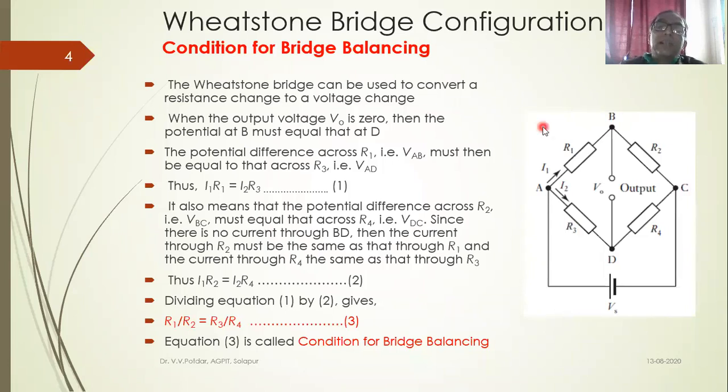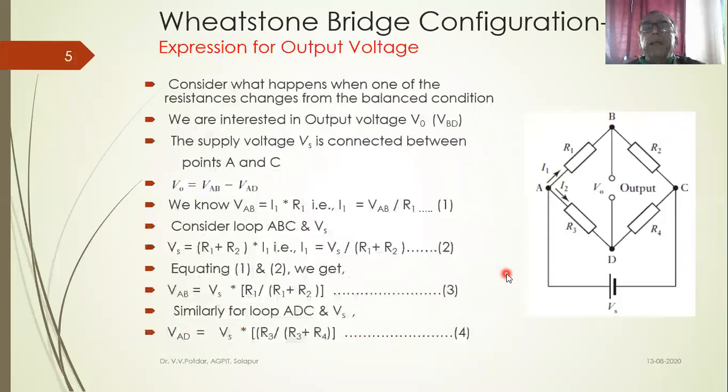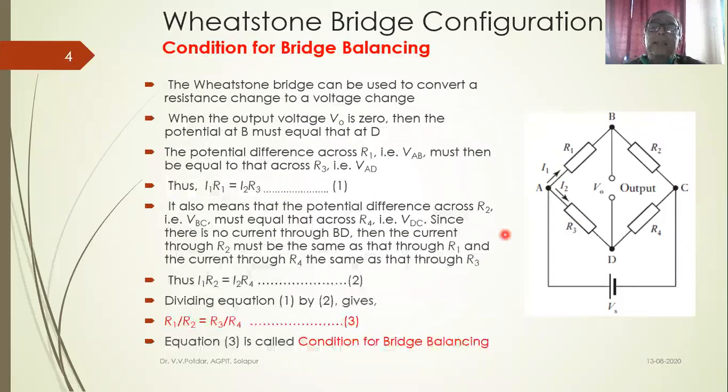The next expression, that is the expression for output voltage, we will take up tomorrow, in the next class. So just to recollect, this is the condition for initial balancing, so here there is no output voltage. In the second case, when I'm going to derive the expression for output voltage, I'm going to make the bridge unbalanced deliberately.